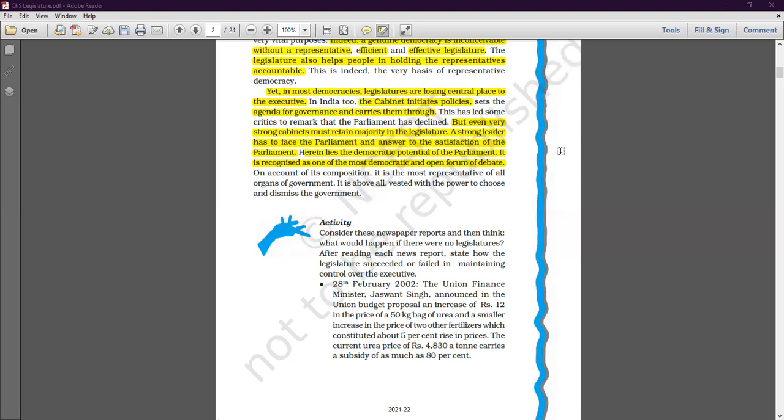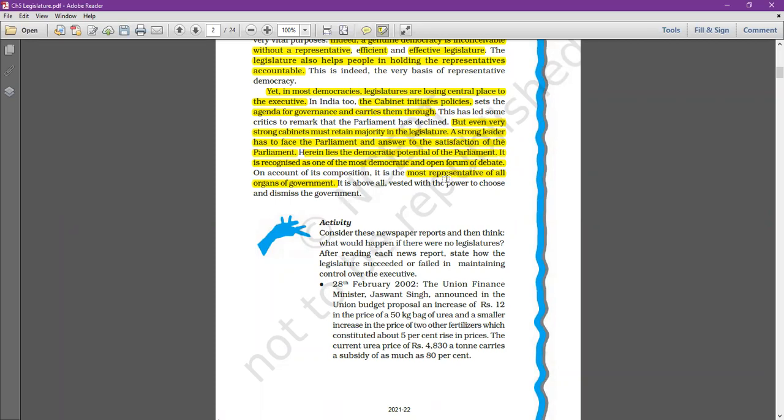So it is also the highest open forum of debate on public-related issues. On account of its composition, it is the most representative of all organs of government. Obviously, most representative because, as you have been reading in previous classes, since junior classes, in civics, there are three organs of the government: legislature, executive, and judiciary.